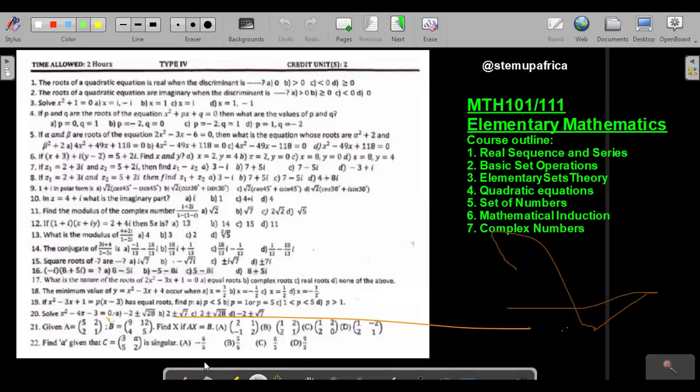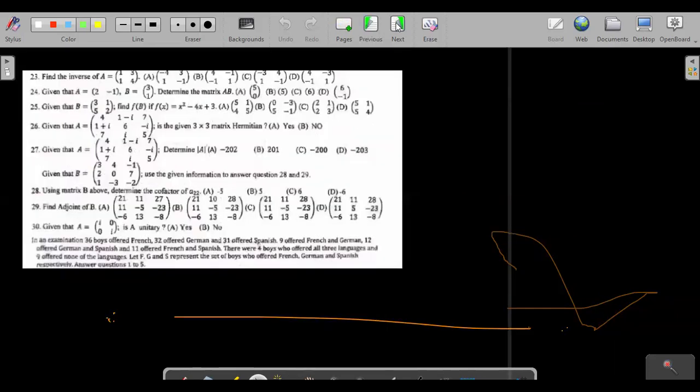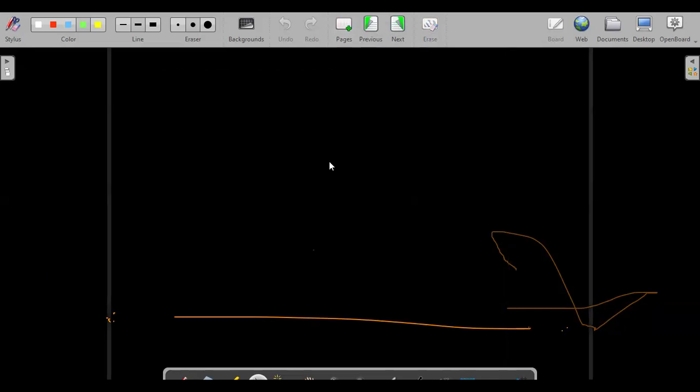Discriminant is obtained from the quadratic formula, which they call the almighty formula. That is where the discriminant is obtained from. Let's see how we can explain the concept of discriminants using the quadratic expression.